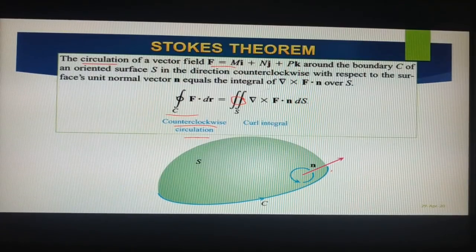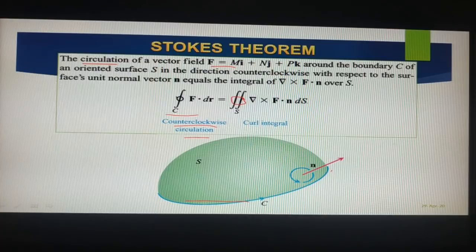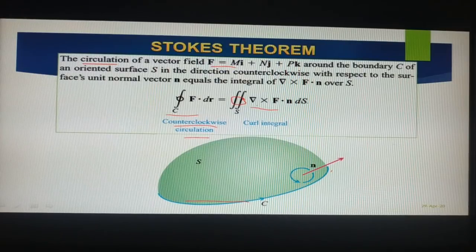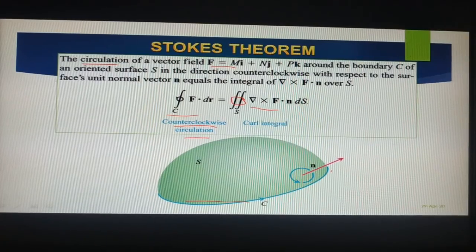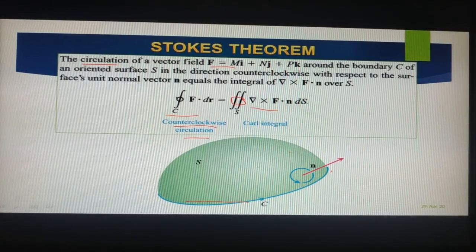But here we have to find the boundary of this 3D object. So to get this I have to use the curl F. You know the meaning of curl F, which is nothing but del cross F bar. So del cross F bar is curling on the surface at each and every point.